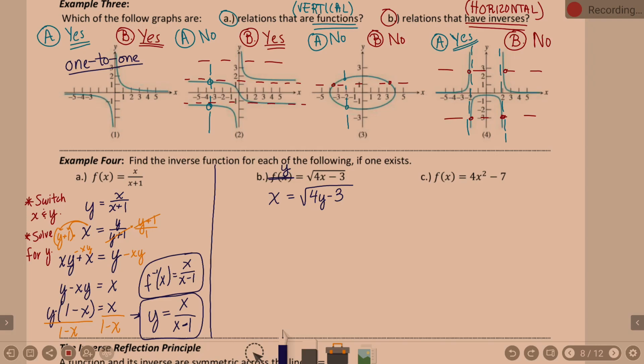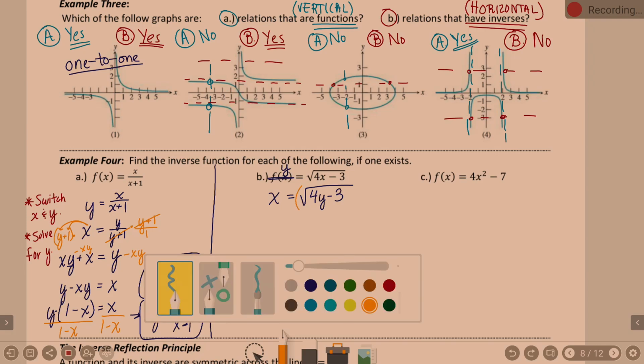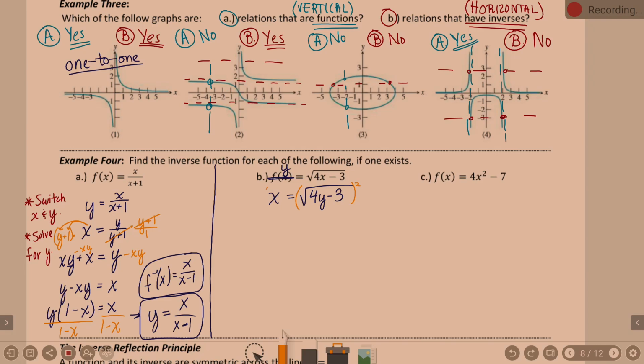So, thoughts on what I need to do to solve for y? Karina? Yeah, square it. That y is under a square root. How do I get rid of the square root? We're going to square it. If you square the left, or excuse me, I guess if you square the right, you square the left.